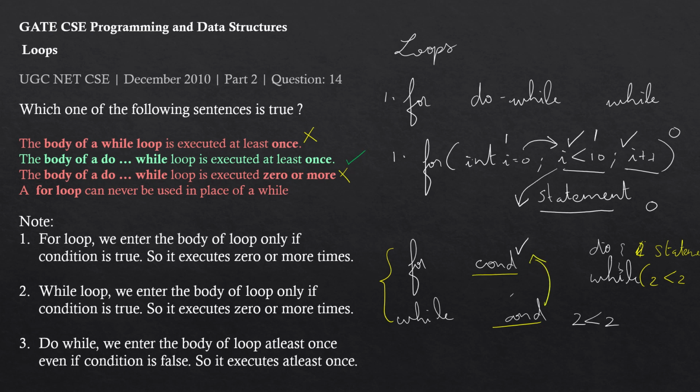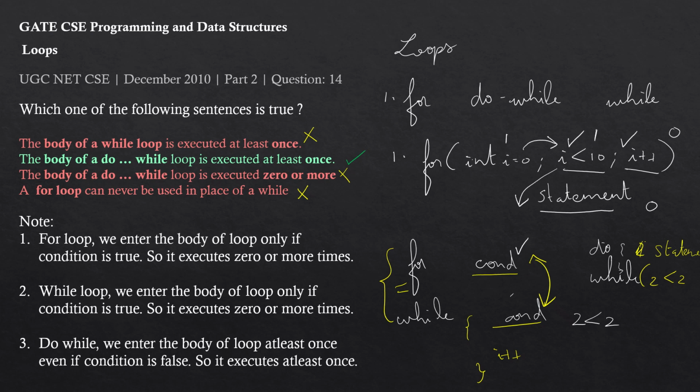Both you can interchange and use. Both are doing the exact same thing. You have some condition to check, you execute statements based on that, and then you increment the value. In the for loop, this increment you just need to put in the body of the while loop. Then you will have for and while as exactly the same. So this statement is false.